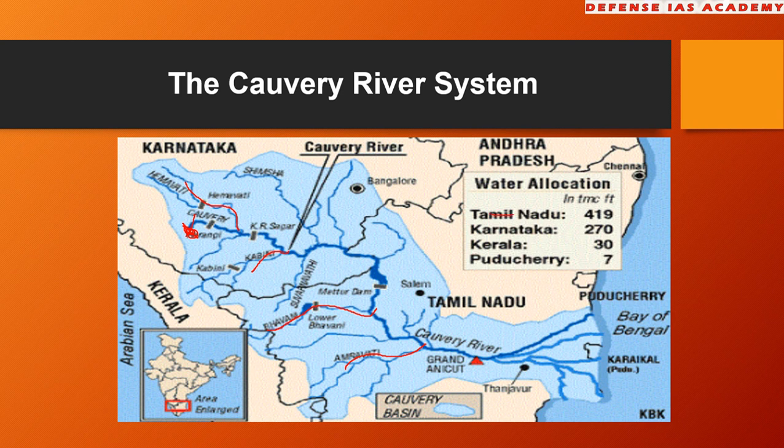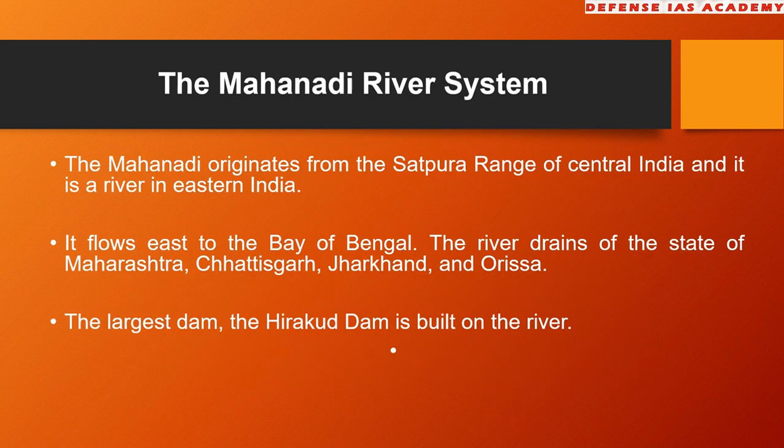So these are the tributaries of Cauvery, and here in the water allocation you can see Tamil Nadu has the highest allocation. Second goes to Karnataka, then Kerala and Puducherry. Often there is a dispute over the water allocation among these states, and finally it drains off into the Bay of Bengal through Tamil Nadu.